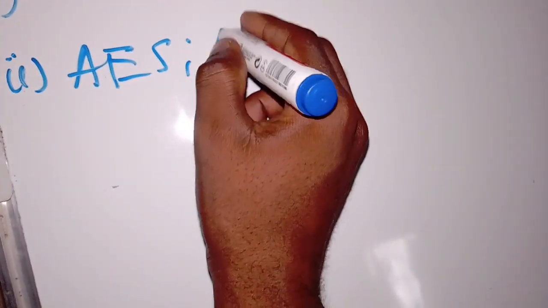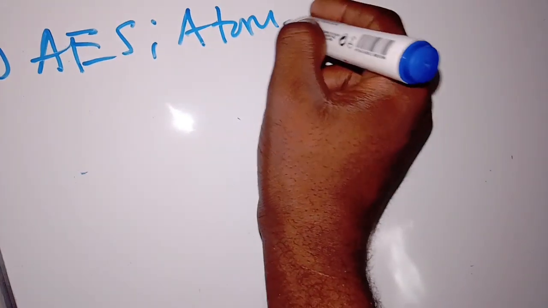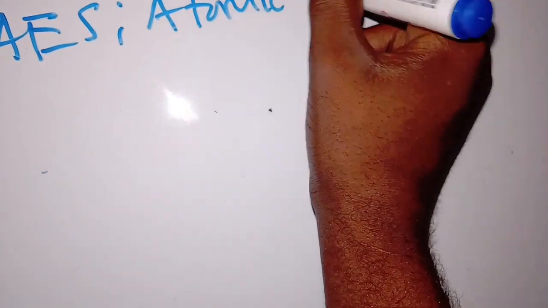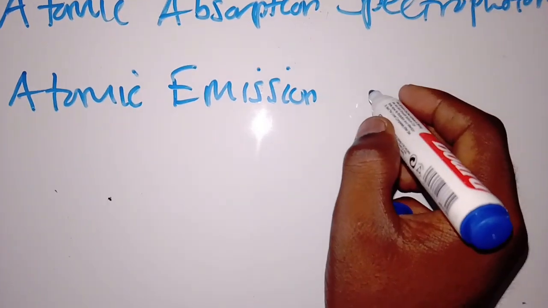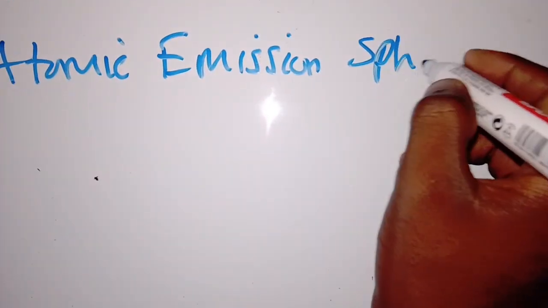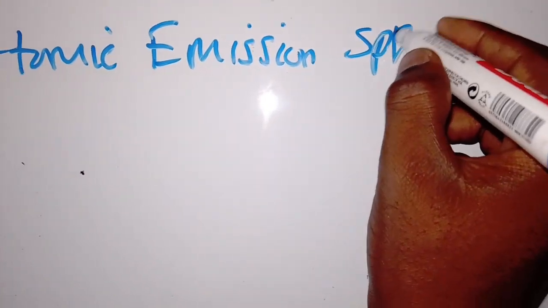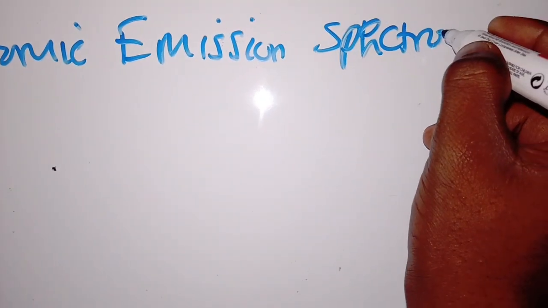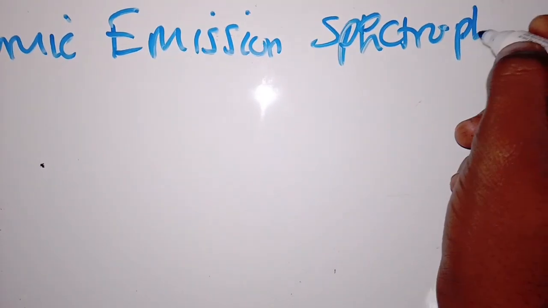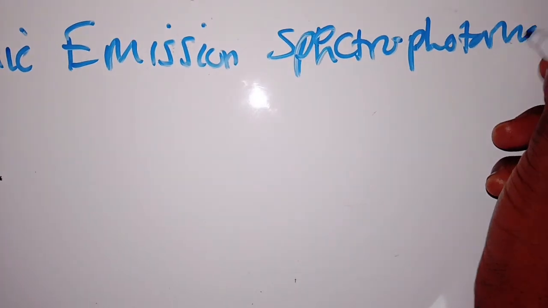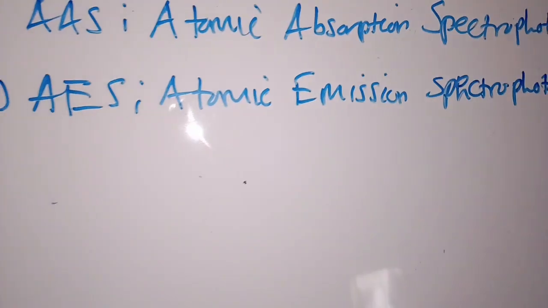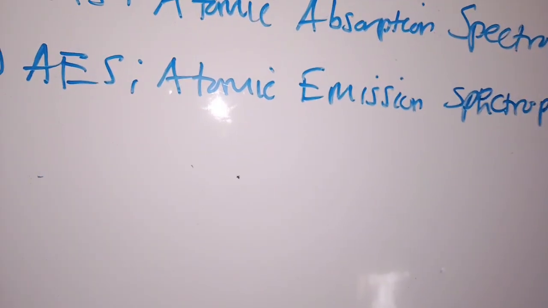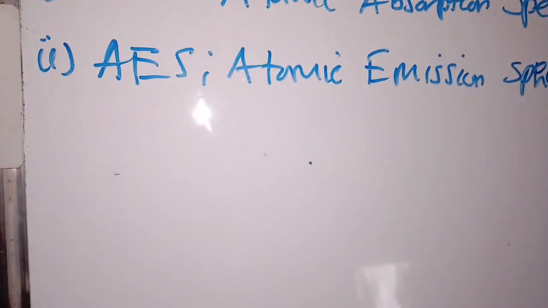Number two, AES, it's atomic emission. So atomic emission spectrophotometer or spectrophotometry, it's about atomic emission, okay?